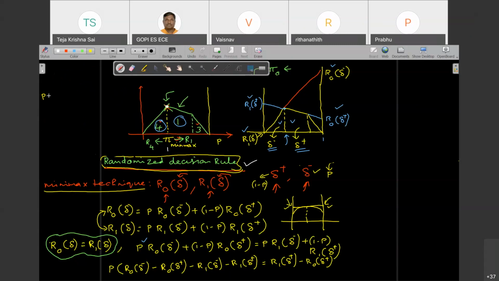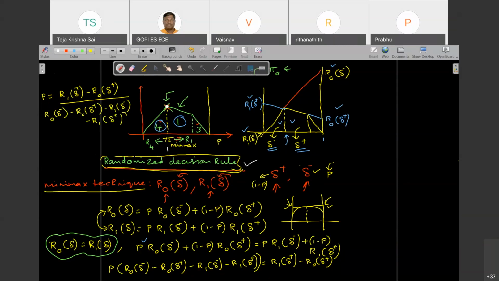So P is R1 of delta plus minus R naught of delta plus, whole divided by the expression in the denominator, which is going to be R naught of delta minus minus R naught of delta plus minus R1 of delta minus plus R1 of delta plus.